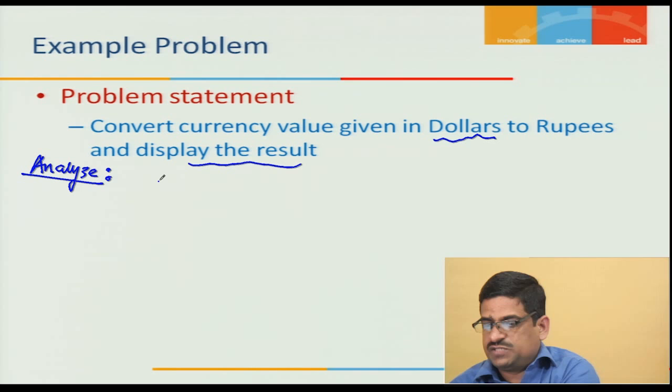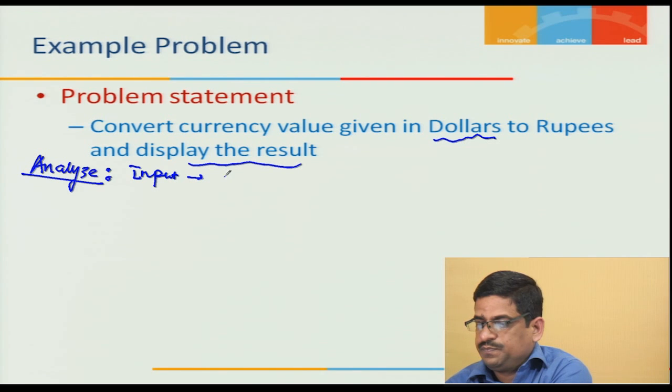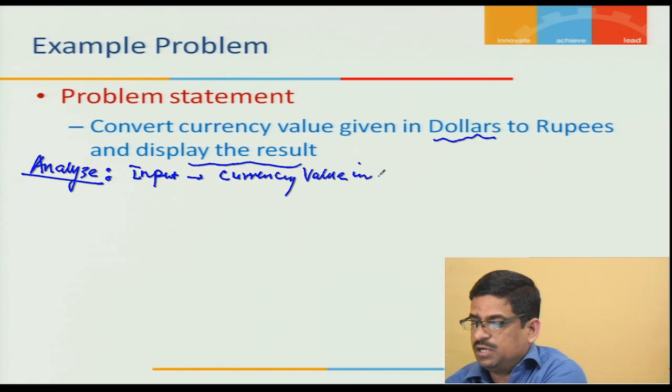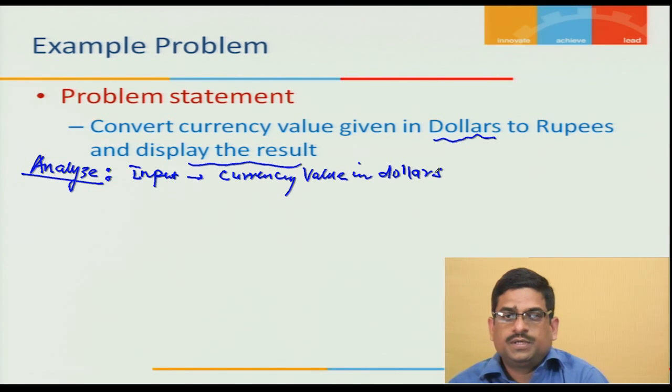I need to first understand what the input is. Here, the input is a currency value in dollars. This is my input.